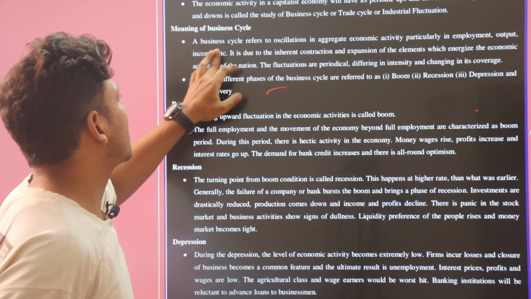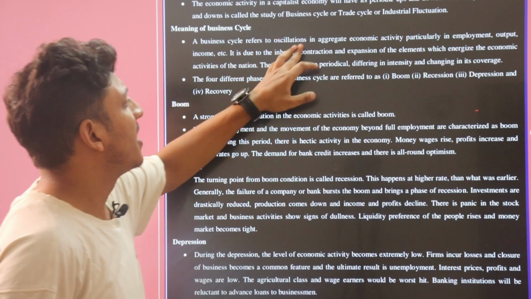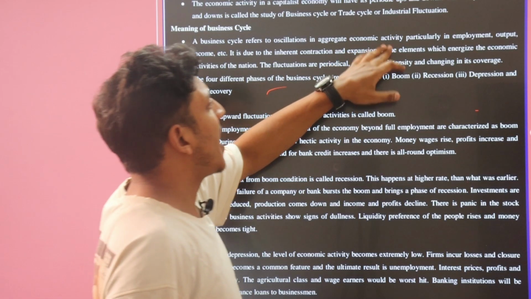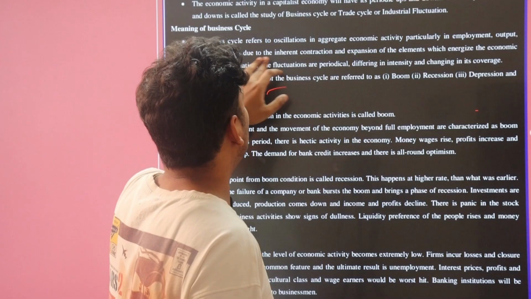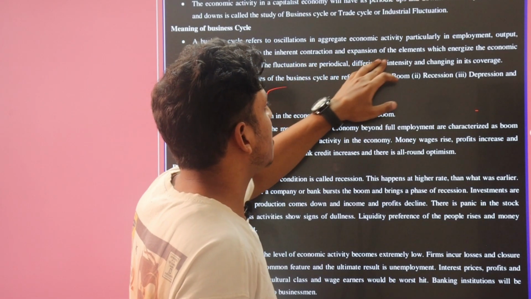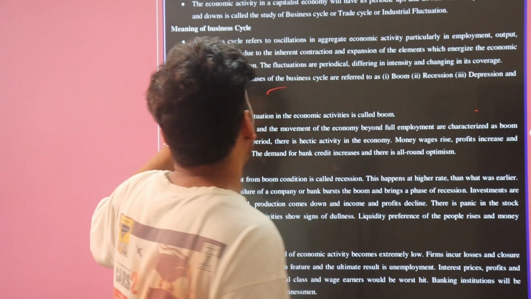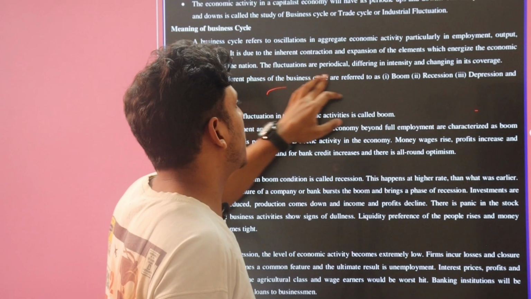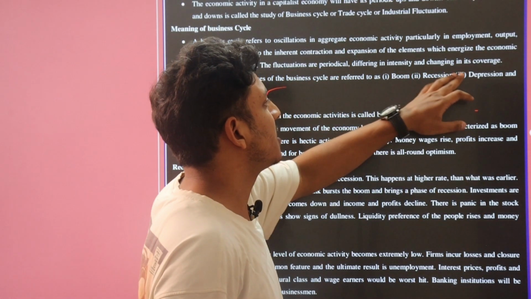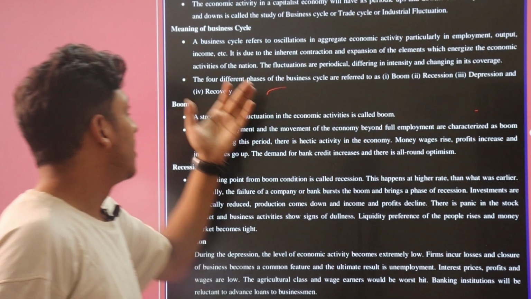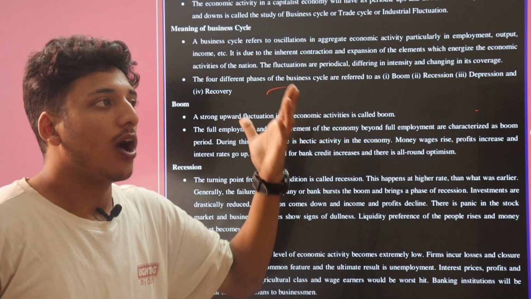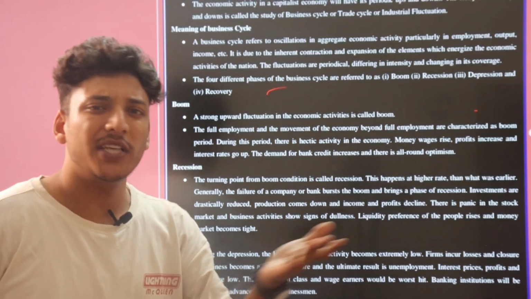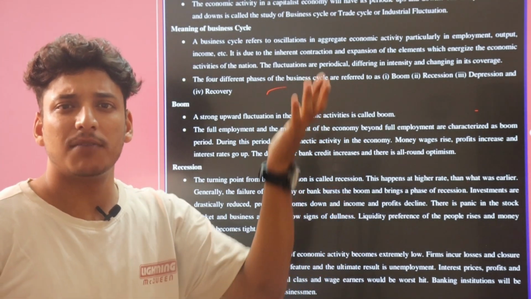A business cycle refers to the oscillation in aggregate economic activity, particularly in employment, output, income, etc. It is due to the inherent contraction and expansion of elements which energize activities in a nation. Fluctuation or periodic difference in intensity is called a cycle. Basically, the business cycle is how our economy changes day to day.